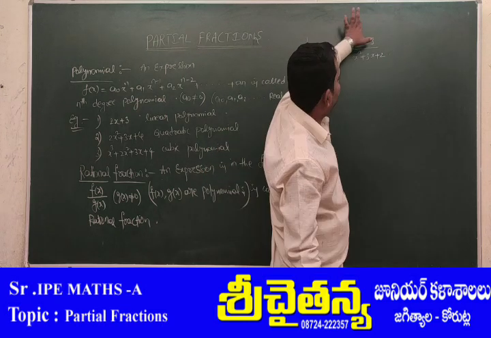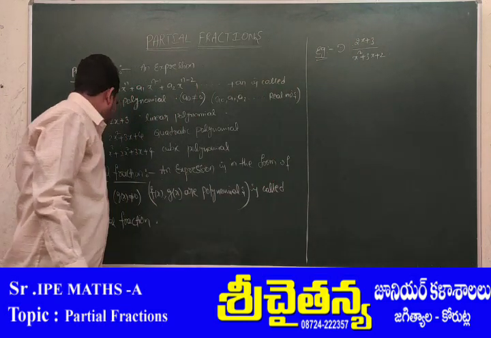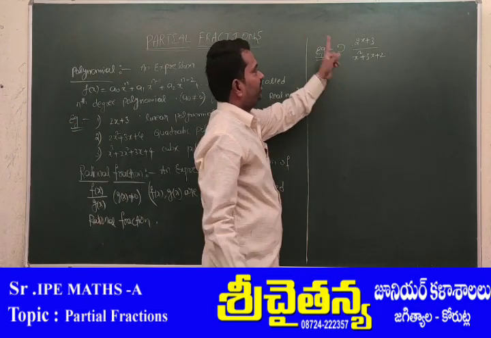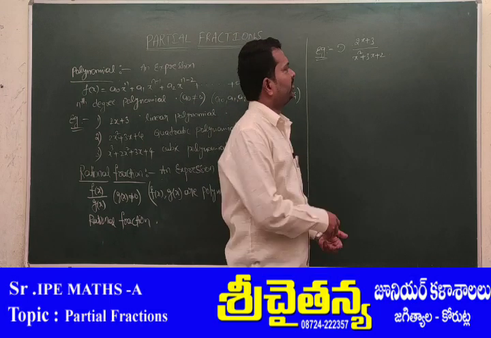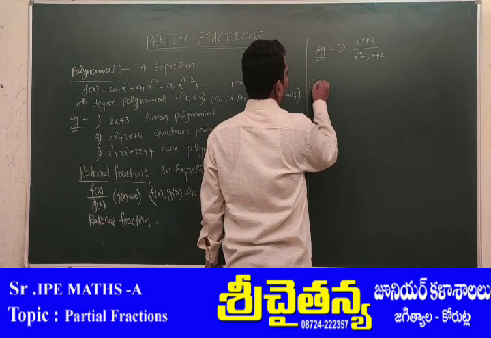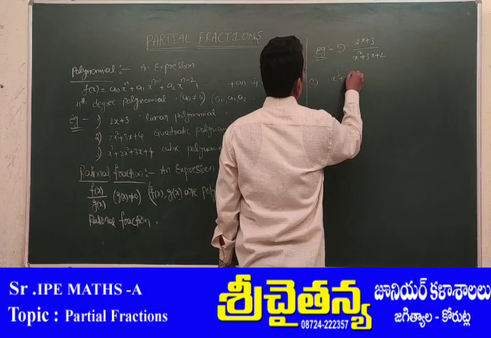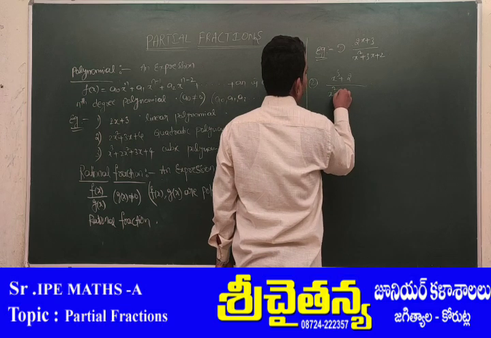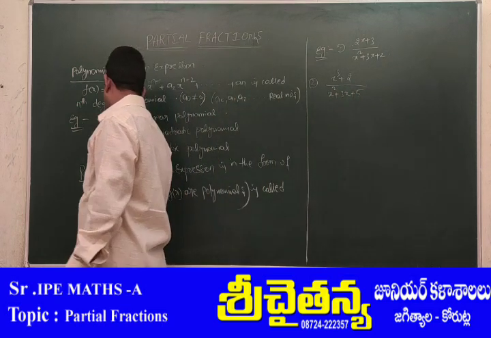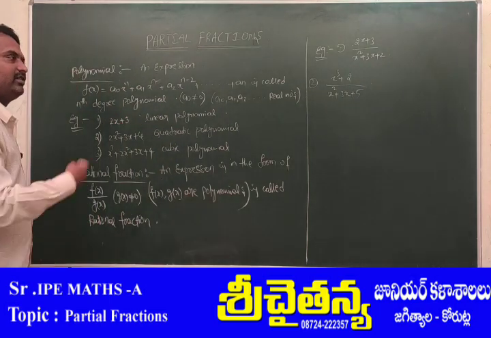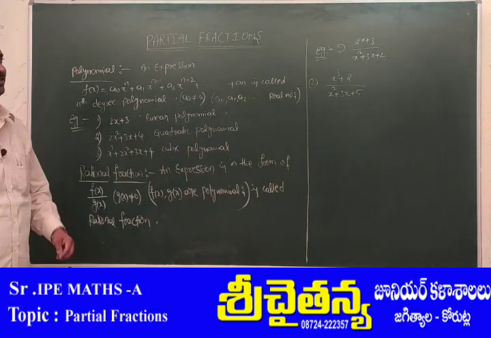So it is in the form f of x by g of x, and such expressions are known as rational fractions. One more example: x cube plus 2 by x square plus 3x plus 5. This is also in the form f of x by g of x, so it is also a rational fraction.